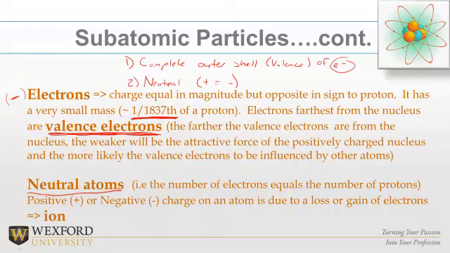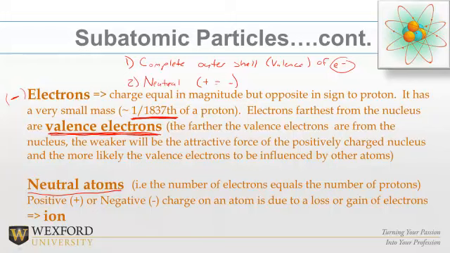So what will happen is that in order to get a complete outer shell of valence electrons, two things will happen. Either two atoms will come together and form a molecule by sharing their outer shell of electrons, and that way they complete each individual's outer shell.